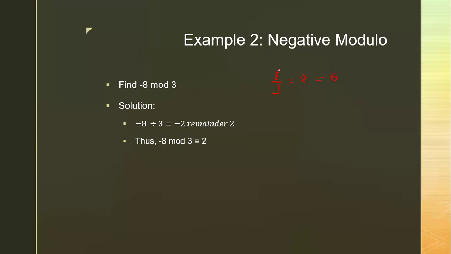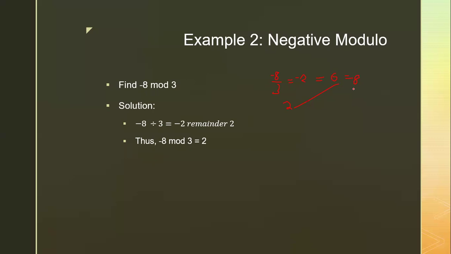But then the remainder of 8 divided by 3 is 2. And when you add 6 and 2, you get 8. So we get the primary function there, okay?